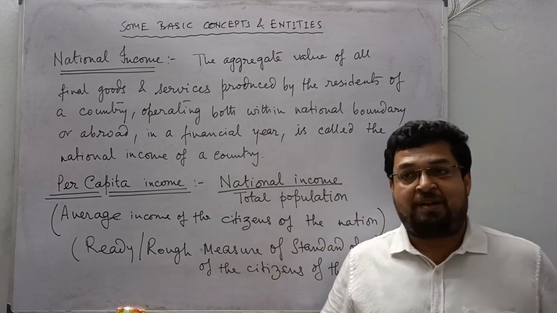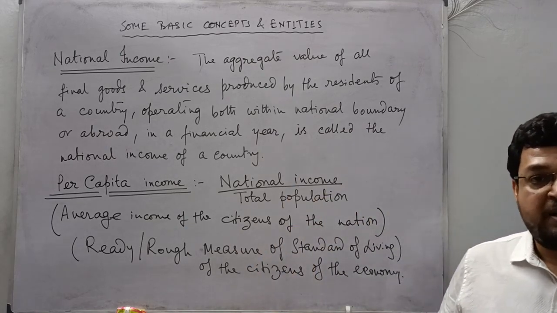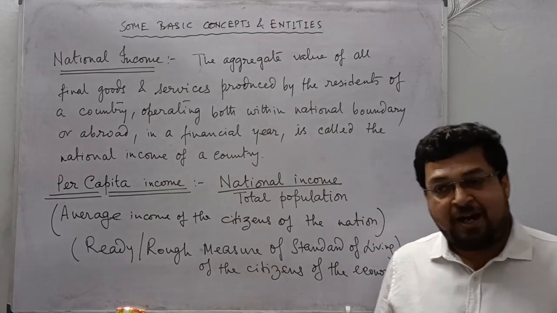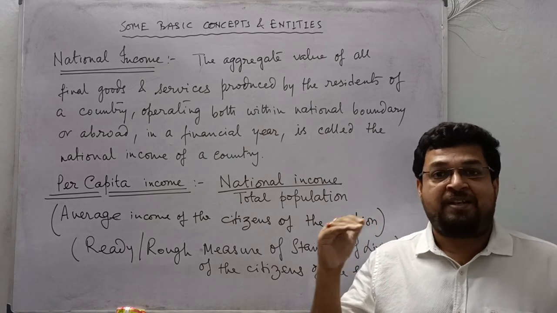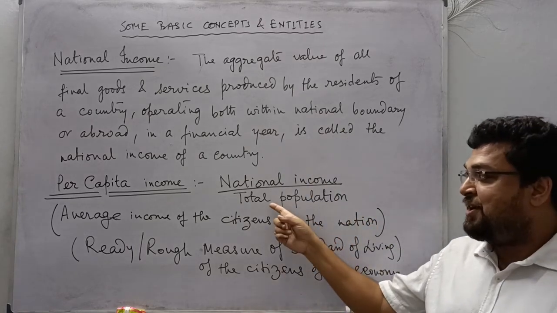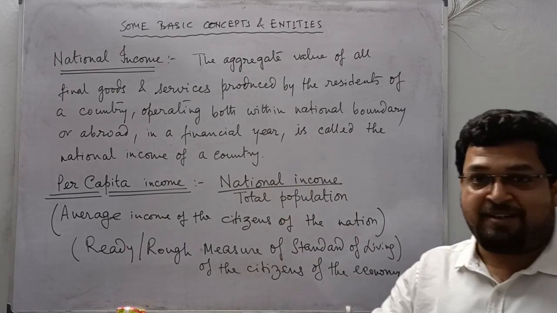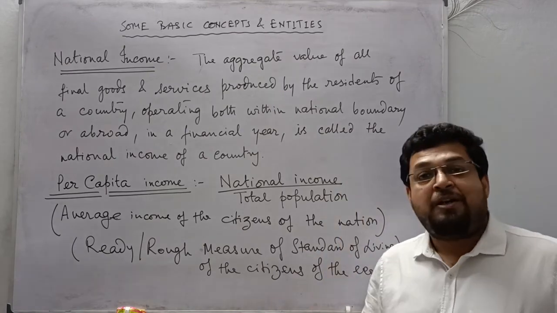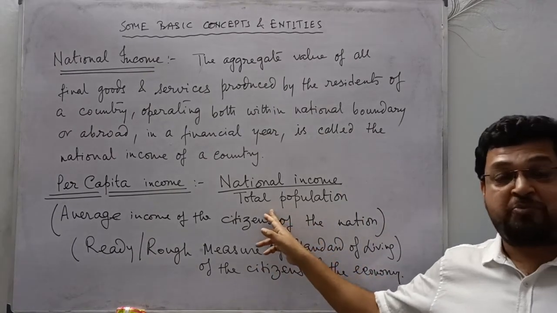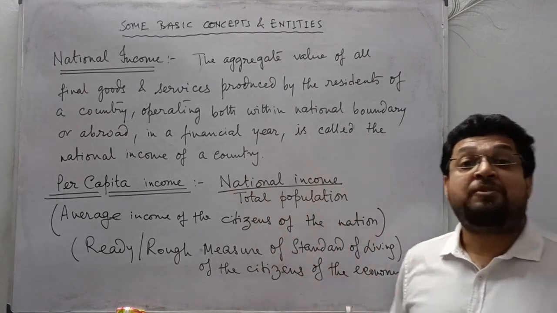You know that for developed countries, like USA, Germany, France, England, the per capita income is definitely high. They are maintaining a very high standard of living. For a developing country like India, the total population is quite high, and the national income is high, but not to that extent because of the total population. So when the population is very high, the per capita income goes down.